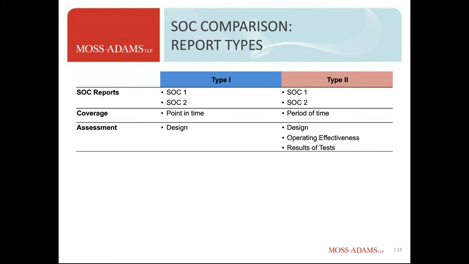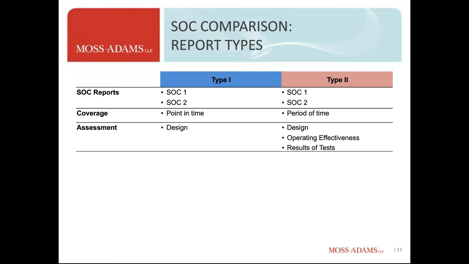So many of you probably have heard the terminology of a SOC 1 Type 1 and a SOC 1 Type 2. Likewise, there's a SOC 2 Type 1 and a SOC 2 Type 2. The difference between the Type 1 and the Type 2 is the coverage.